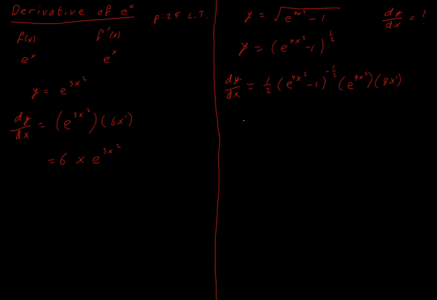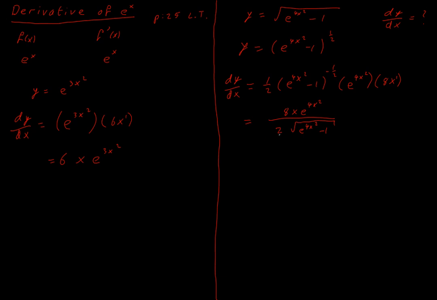This is just algebra tidying up now. We have minus to the power of a half. Well, power of a half would mean square root, and minus means it goes underneath the line. So our next line is going to be, this stuff stays on top because it has positive powers, all over 2 multiplied by square root of e to the 4x squared minus 1.